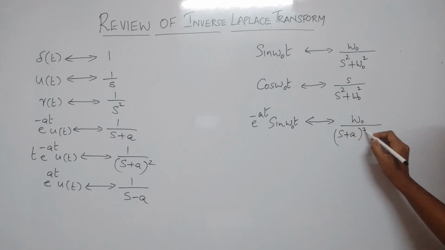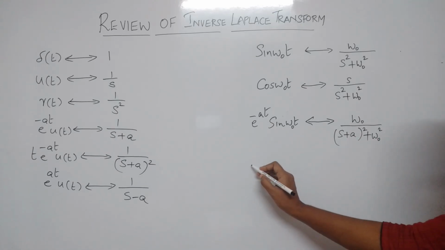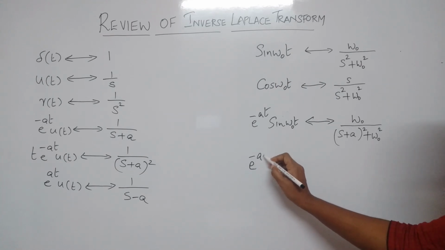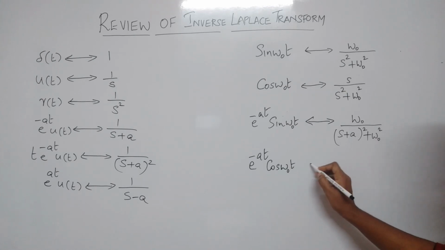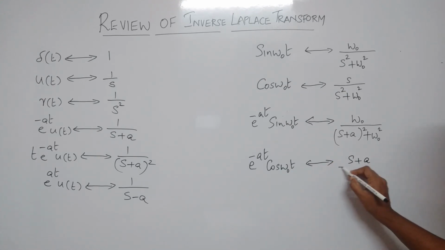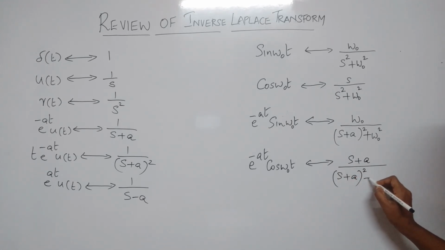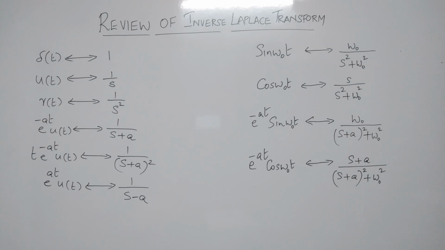That gives omega naught by s plus a the whole squared plus omega naught squared. Similarly, e raised to minus at cos omega naught t will be s plus a by s plus a the whole squared plus omega naught squared. So these are the standard results which will help you to find the inverse Laplace transform.